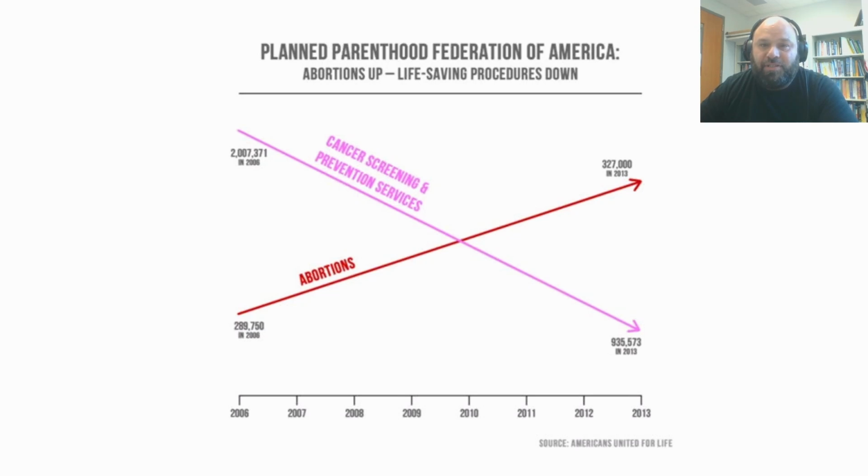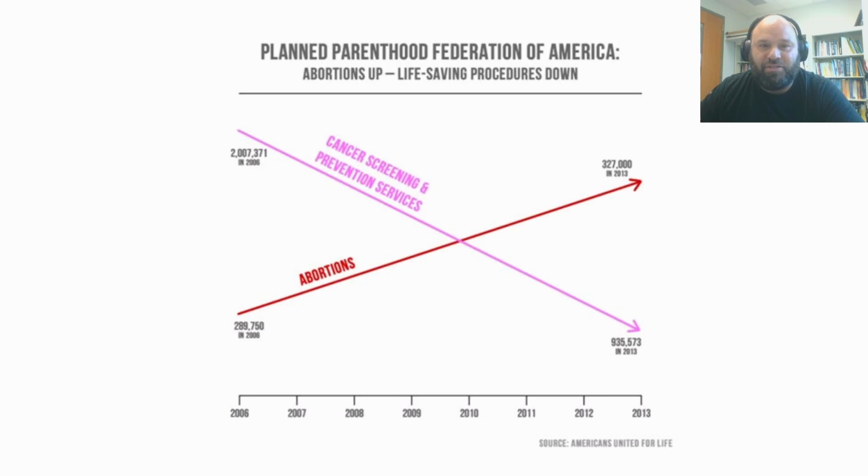This graph was presented in Congress, believe it or not, to argue about defunding Planned Parenthood. Now, wherever you stand about Planned Parenthood and how you feel about abortions is your business. What I want to focus on is what makes this graph misleading. One of the arguments in supporting Planned Parenthood is that they do a lot more than abortion.